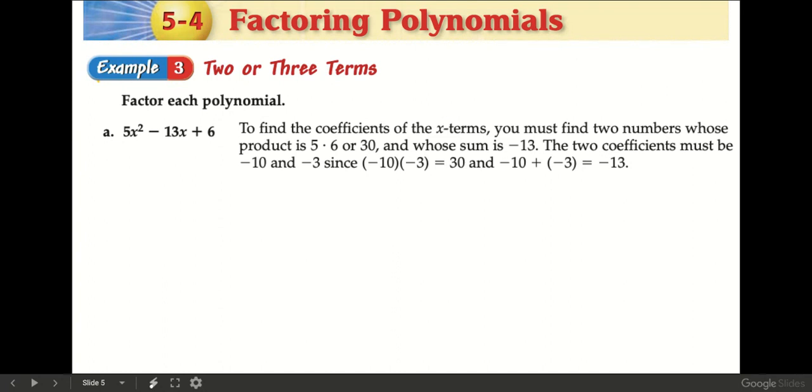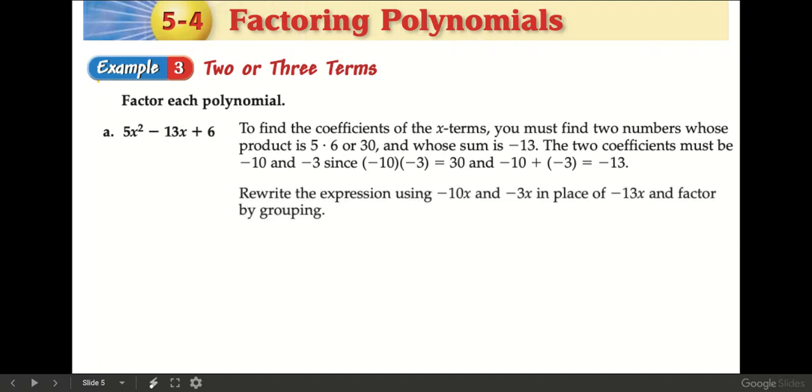Easy way to do this, if you couldn't think of that off the top of your head, list all the factors that multiply to 30, right? Like 1 times 30, 2 times 15, 3 times 10, 5 times 6, and then figure out which pair of factors would add up to 13. So we're going to rewrite this expression using negative 10 and negative 3.